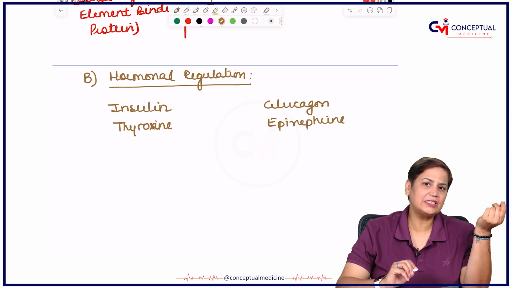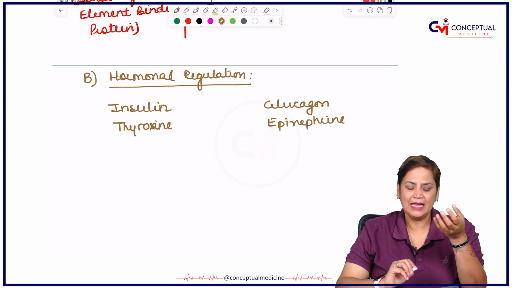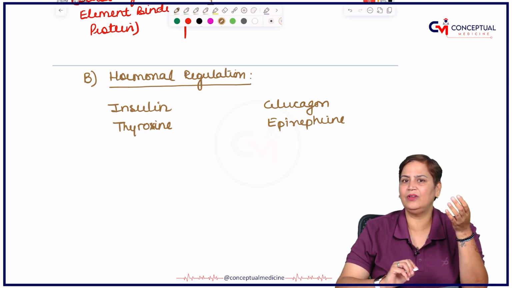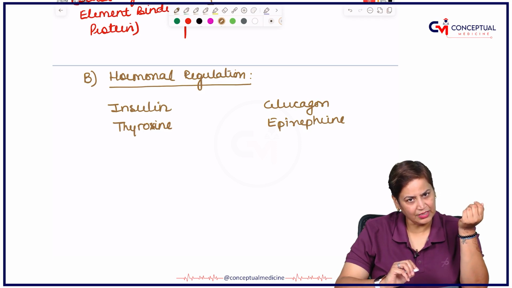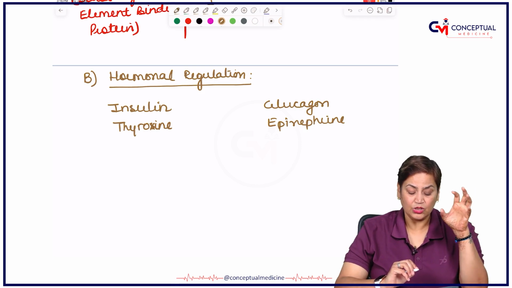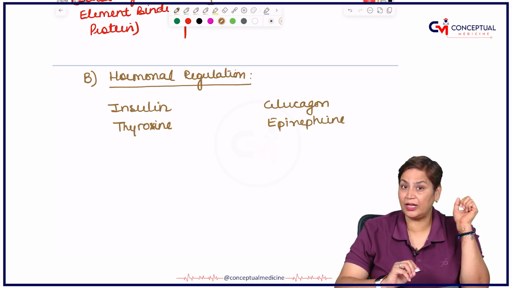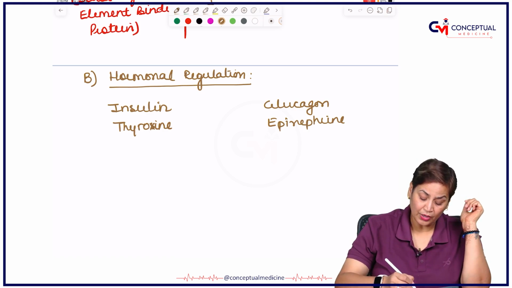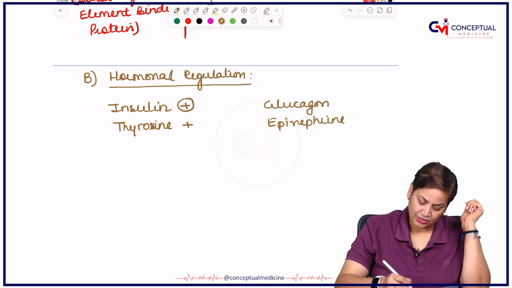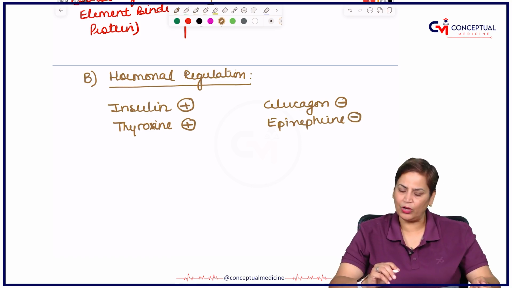Whenever there is increased concentration of glucose, it will form acetyl-CoA, and this acetyl-CoA will lead to the formation of cholesterol, will lead to the formation of ketone bodies in a normal individual. Okay, so I can say that it is an anabolic process because insulin is promoting it. So insulin is going to activate it, thyroxine is also going to activate it, whereas glucagon is going to inhibit it, and epinephrine also, because they are the catabolic ones.